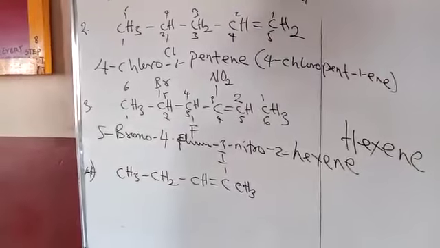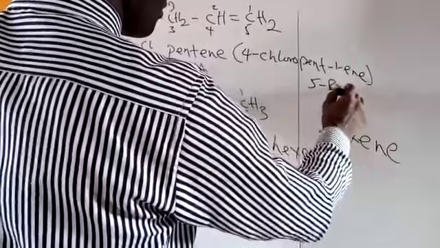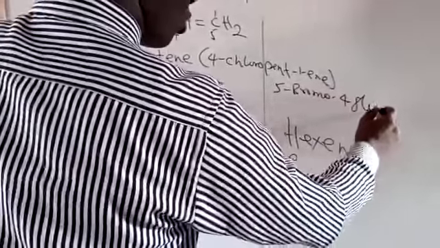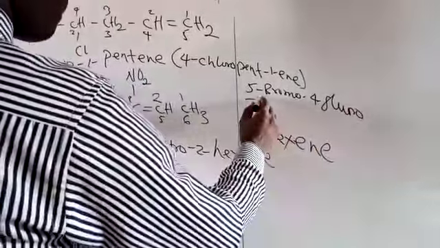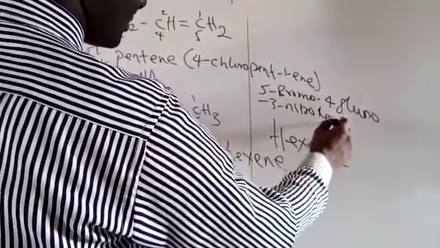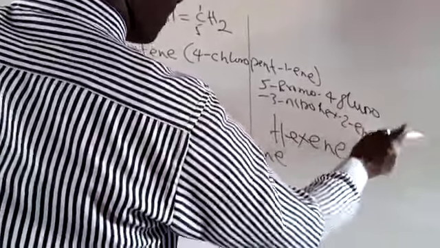That's the name of the compound. It can also be called 5-bromo-4-fluoro-3-nitro-hex-2-ene. That's how I name the compound.